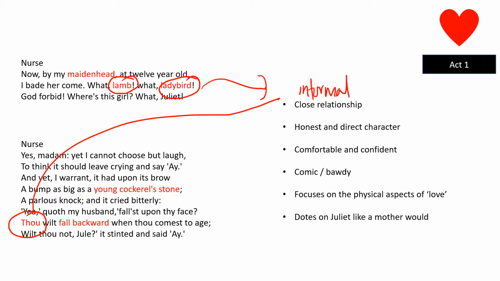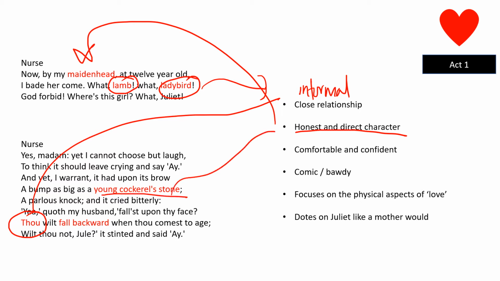We've also got the nurse who's very honest and direct. So the opening line that the nurse talks about is her virginity, her maidenhead, which obviously in Act 1 Scene 1 we've seen virginity referred to by the men in the story. But also she's quite happy to talk about the testicles of a cockerel as well, and talking about falling on people's backs.